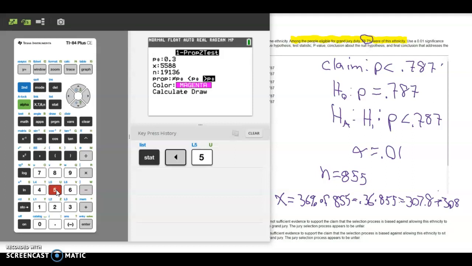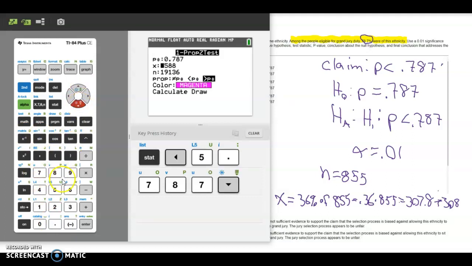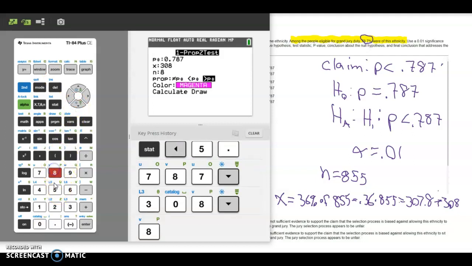The p-value we're going to use is 0.787. We just calculated x as 308. And the given n value is 855.